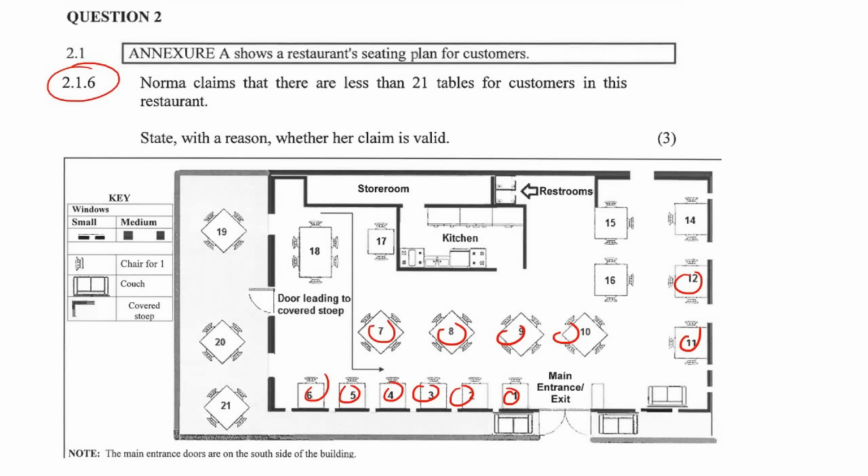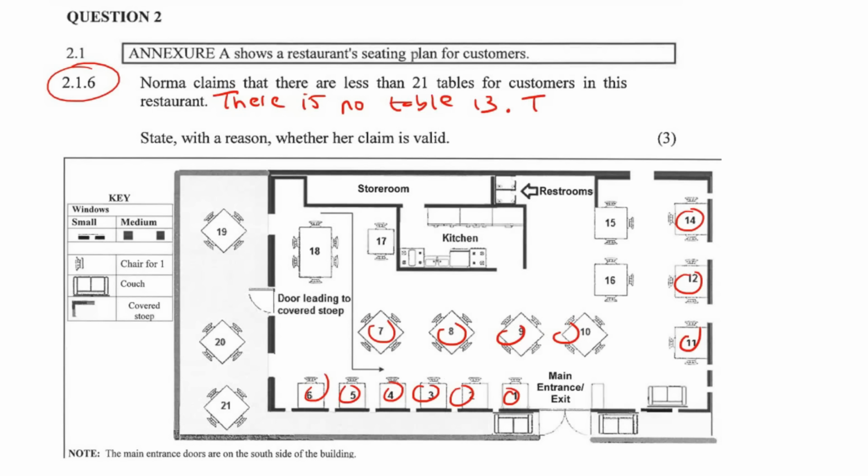Okay, I'm in a silly mood. So there's no table number 13. Can you see that? So her claim is valid. We can say that there is no table 13. Let's just check if there's any others missing.